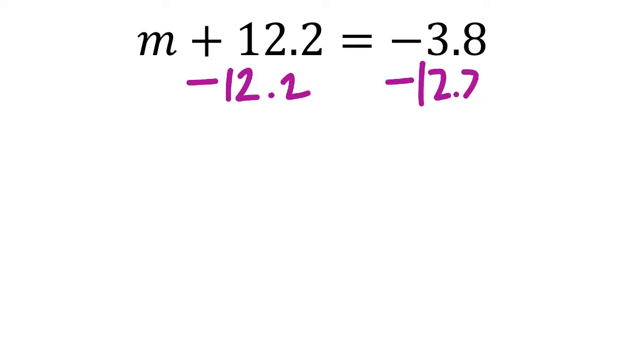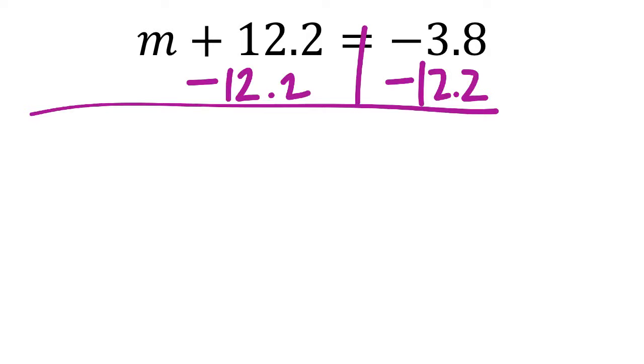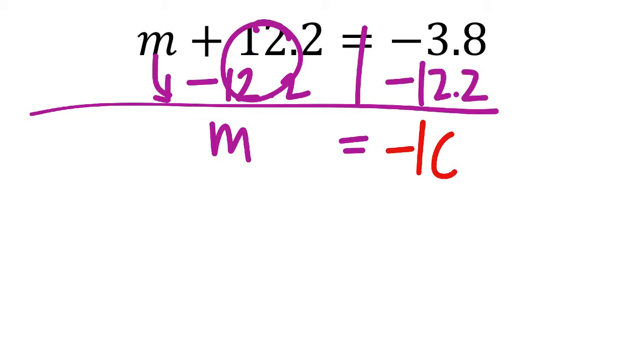So minus 12.2. So that does zero out. 12.2 minus 12.2 is actually 0. I'll drop the m. So this equals negative 3.8 minus 12.2. And that is negative 16. If you want to put negative 16.0, that's fine. But again, I'm a lazy math person, so I write negative 16.